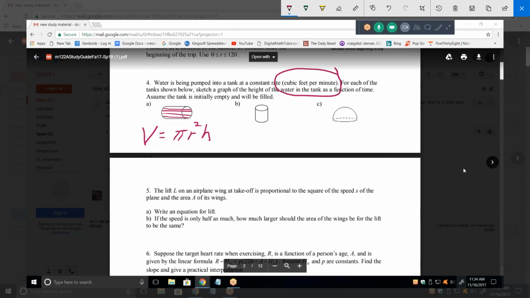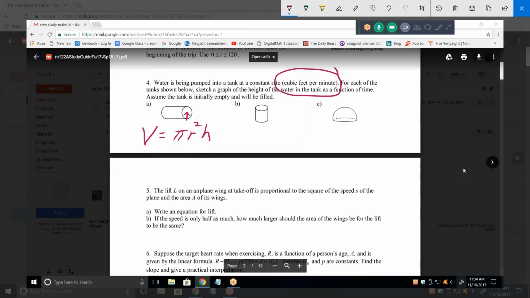Yeah. And it's a graph of the height of the water. So the height of the water is this measure, the diameter. Yeah, think about this for a second.